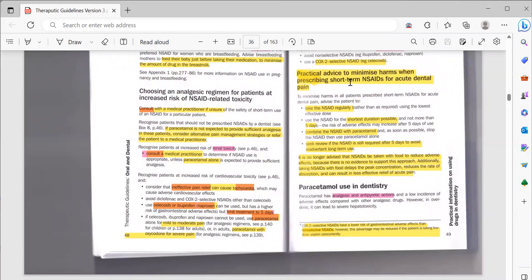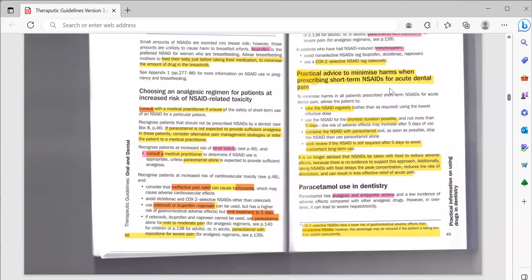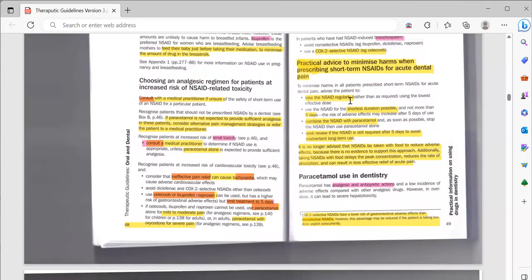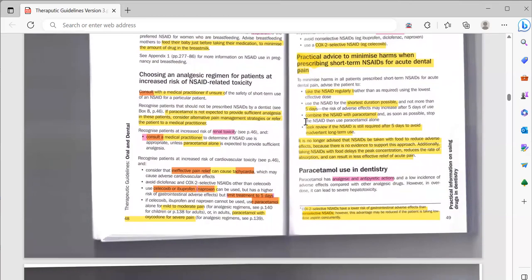Every time you are prescribing any NSAIDs to the patient, you should be telling him these 4 points. First, take the NSAID regularly rather than as required, using the lowest effective dose. This we more commonly see, even I have seen with my parents, they only take the drug whenever they feel like, oh, I'm having fever or I am having headache.